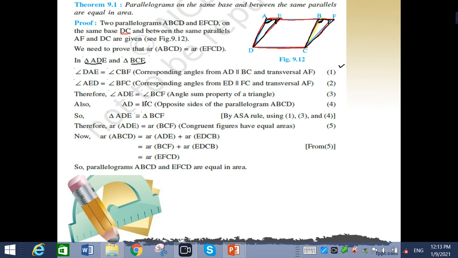So we are explaining the parallelograms on the same base.